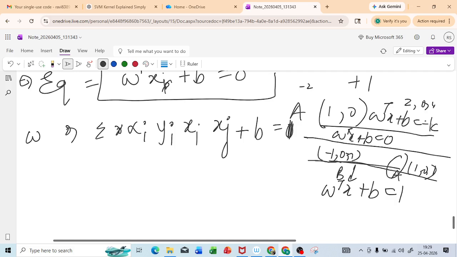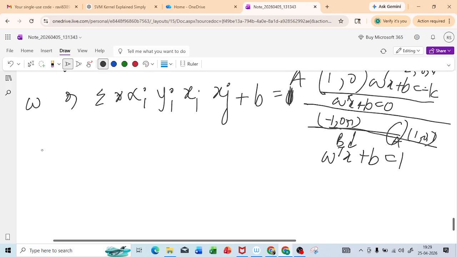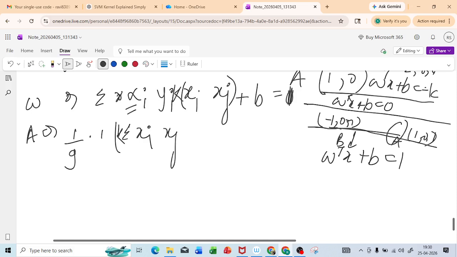Using this we write, and now for point A, we know alpha_i is 1 by 9, and the label y_i is also 1, and then we take the summation of the kernel of x_i and x_j plus b equal to 0.